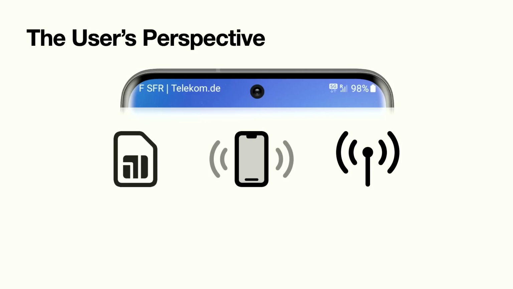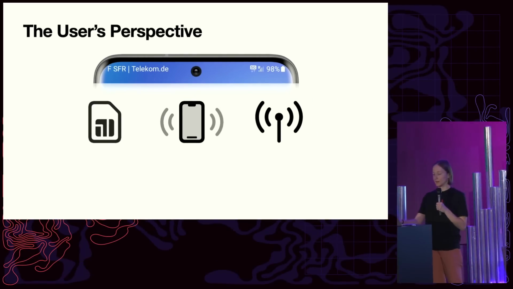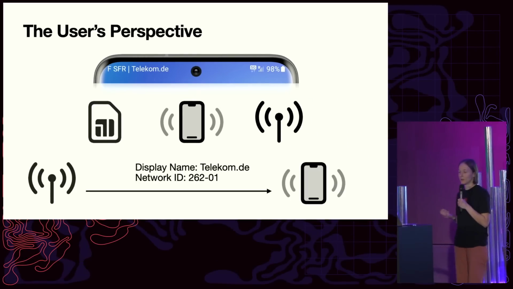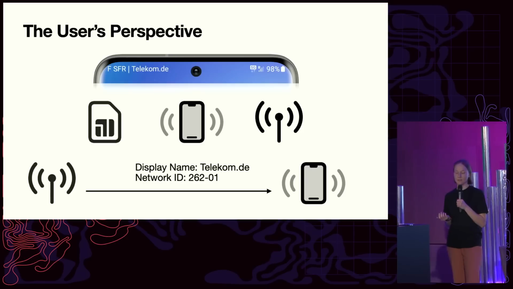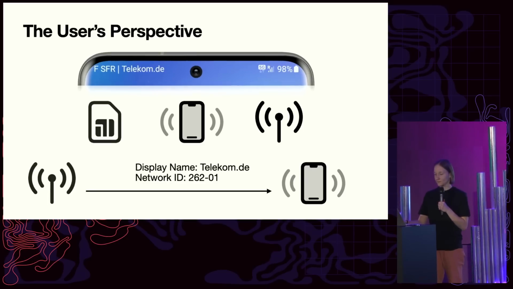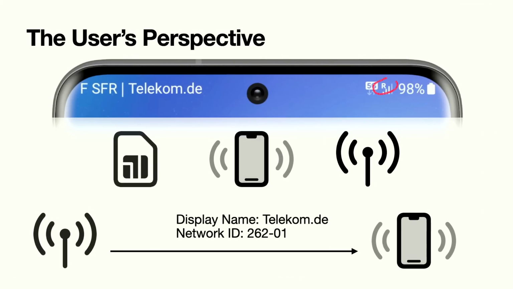But it is assumed in the standard that those locally stored lists might be outdated. So actually the network itself provides an update mechanism. The network announces its name and its network ID. And if we are roaming, on Android at least, we see a little R indicating that the phone is roaming.